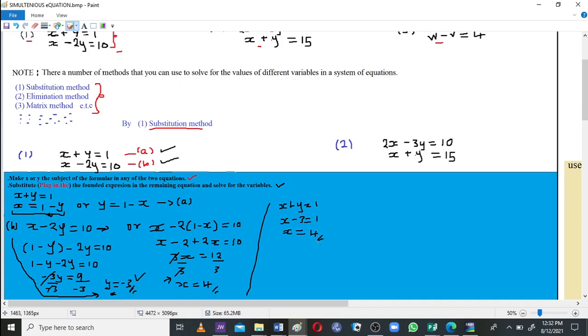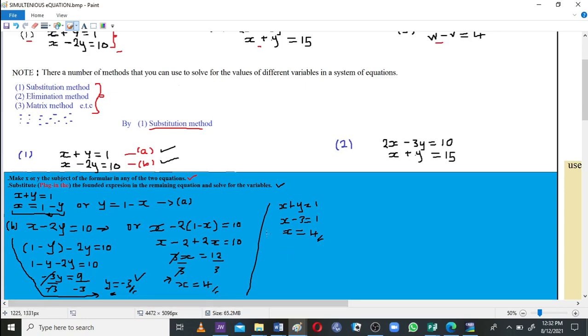Here there is something that you can confirm. Remember in the first part, when we used the expression for x, we solved for the value of y, which was -3, and then when you choose to use the expression for y, which is y is equal to 1 minus x, you get the value of x to be 4.